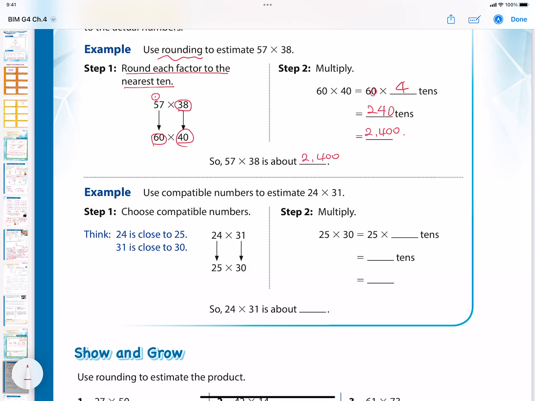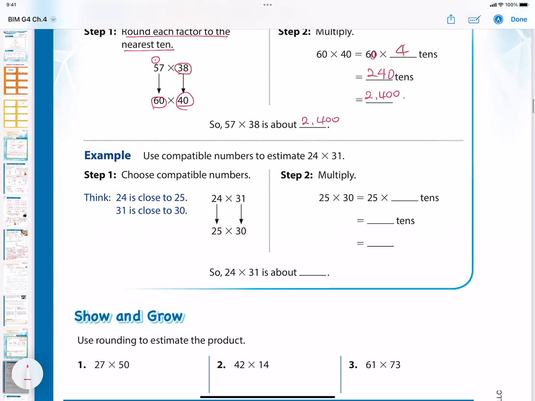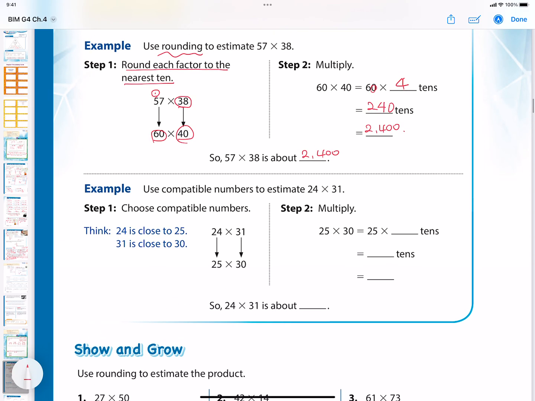Now let's try to use comparable numbers, okay? So comparable numbers to estimate 24 times 31. All right, choose comparable numbers. 24 is close to what? 25, and 31 is close to 30. So 25 times 30 is what? 25 times 3, 3 times 5 is 15.